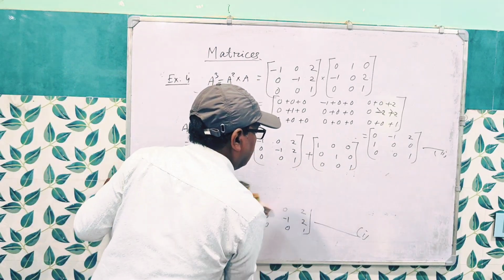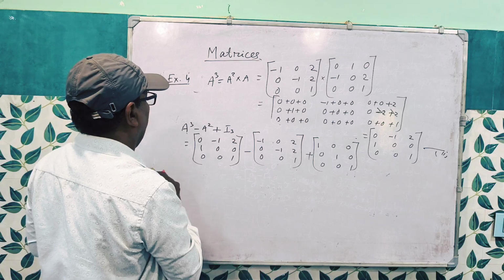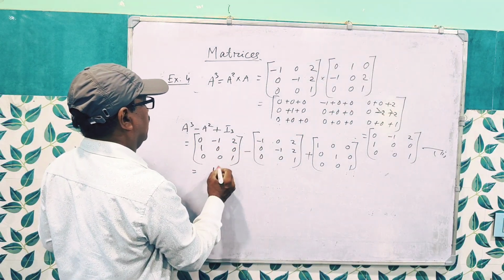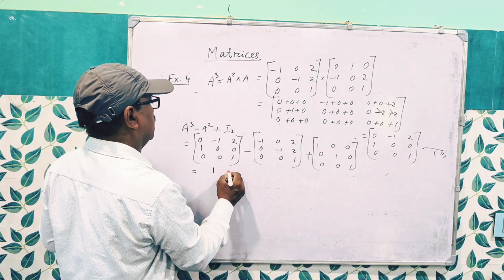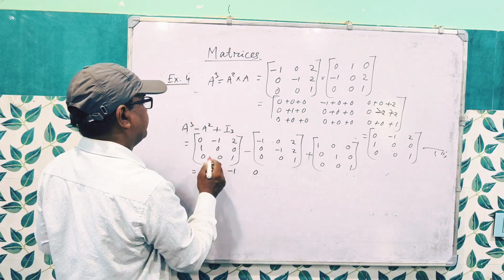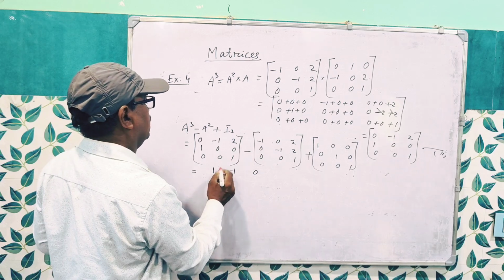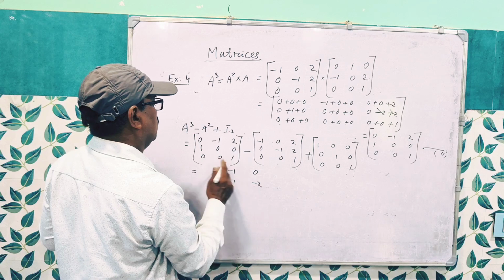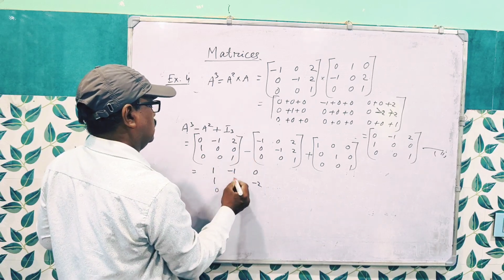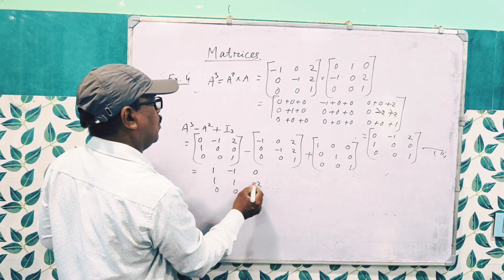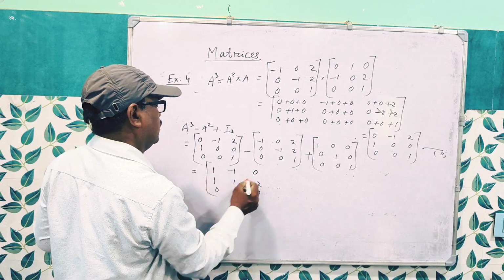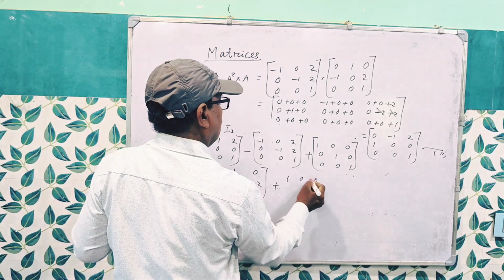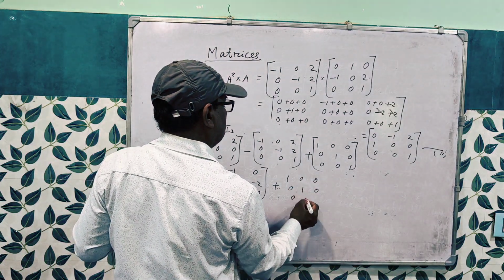So by simplifying by the law of matrices, 0 minus 1 is equal to 1, minus 1 minus 0 is equal to minus 1, 2 minus 2 is equal to 0, 1 minus 0 is equal to 1, 0 minus 1 plus 1, 0 minus 2 minus 2, 0 minus 0 is 0, 0 minus 0 is 0, 1 minus 1 plus 0, plus 1, 0, 0; 0, 1, 0; 0, 0, 1.